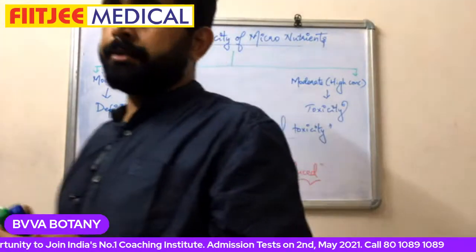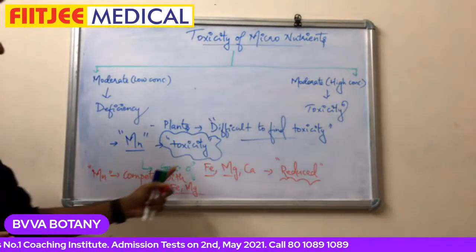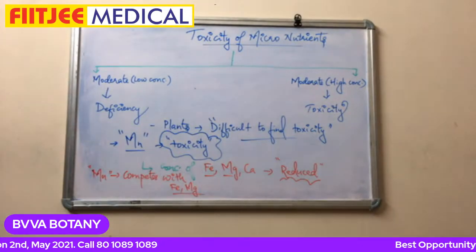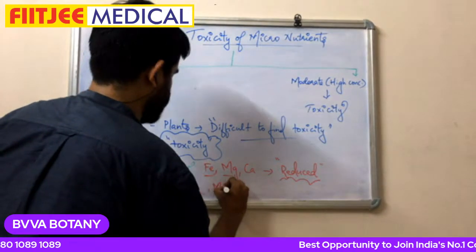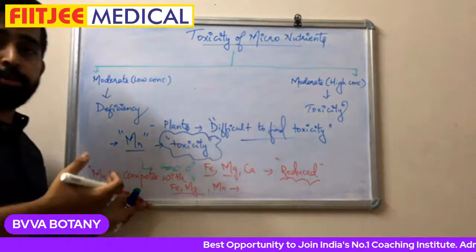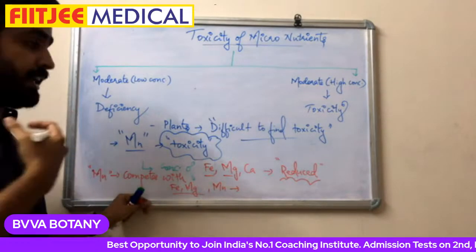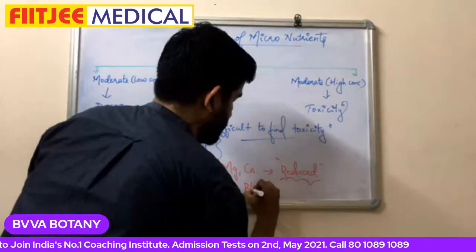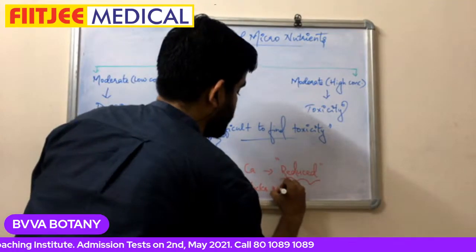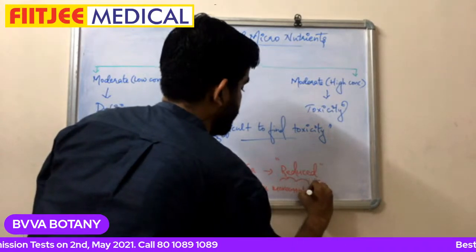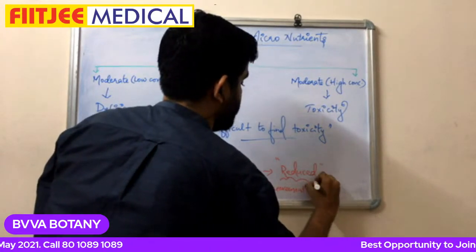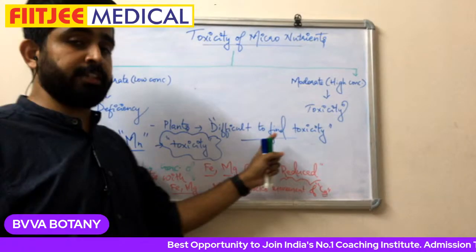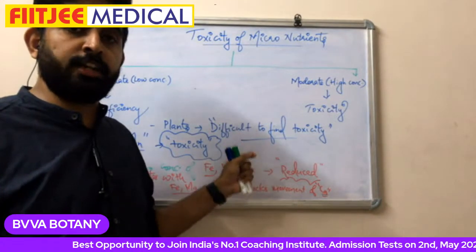This is one reason for the deficiency of iron and magnesium due to manganese toxicity. At the same time, manganese toxicity can actually block the translocation of calcium to where it is required. It blocks the movement of calcium.